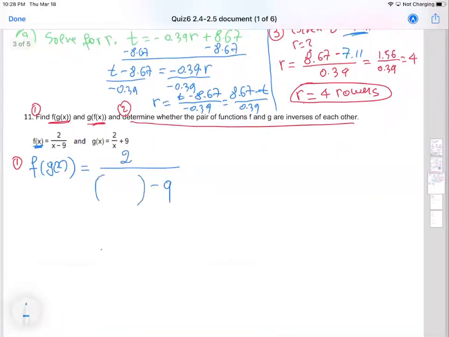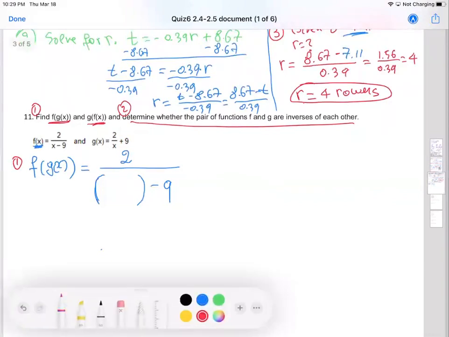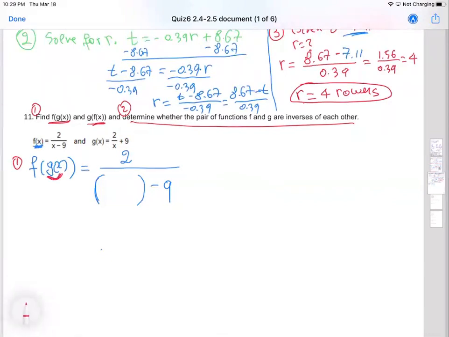Remember, x in a function is like a place value. We can put any value in it that is allowed for the domain. So instead of x, we're going to input g of x, because that's what f of g of x is. For x, we're going to put g of x.